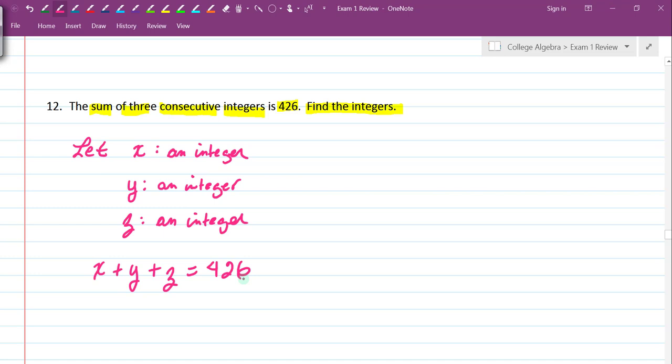Now we know one more thing. When it says they're consecutive, and if I have x as an integer, that means y must equal x plus 1, because they're consecutive. And that means z is equal to y plus 1, because we're going to take whatever y is and add 1 to it.